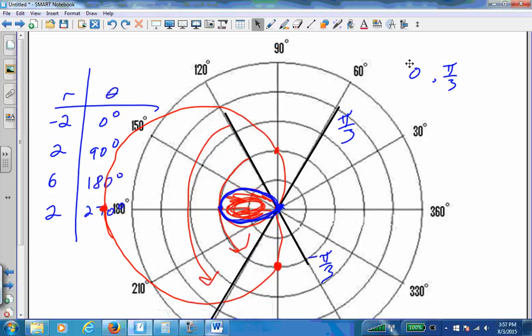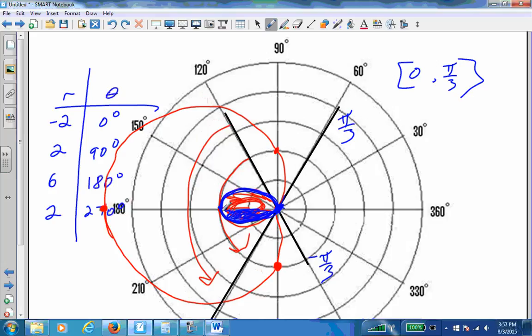So if we integrated from 0 to pi over 3, that would have done half of that curve. So then as we rotate on around, when we get to here, that's actually 300 degrees when we get back to here and then come on.